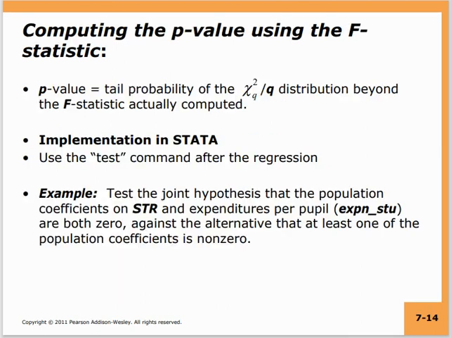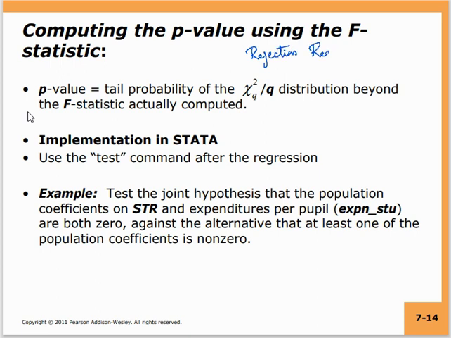Now, computing the p-value using the F statistic. The p-value is the tail probability of the chi-square by q distribution. This is just coming from your normal hypothesis testing. If you remember, there are two ways of doing a hypothesis test. One is by looking at the rejection region, which is done by looking at the critical values.